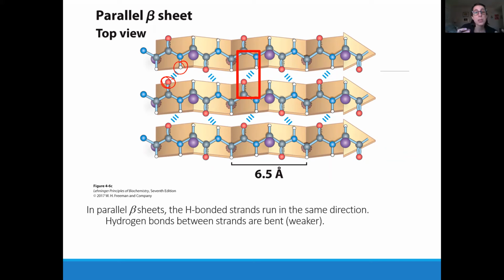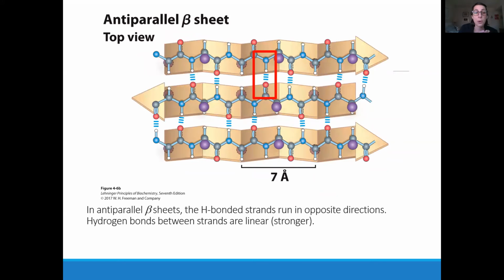So parallel beta sheets can exist. Again, they're held together by these hydrogen bonds formed along the strand by the carbonyl and amide groups that are near each other, but they are a bit weaker when compared to our anti-parallel beta sheets.